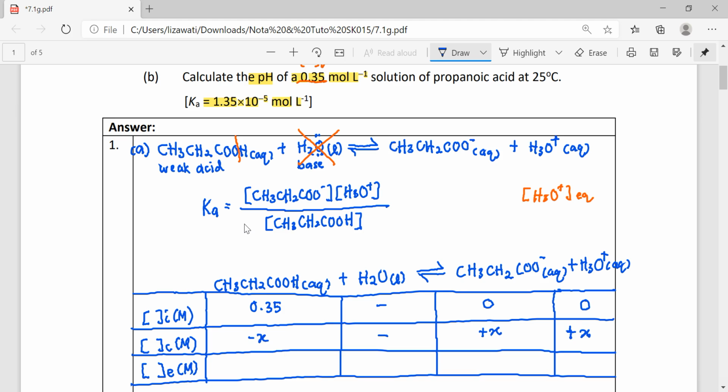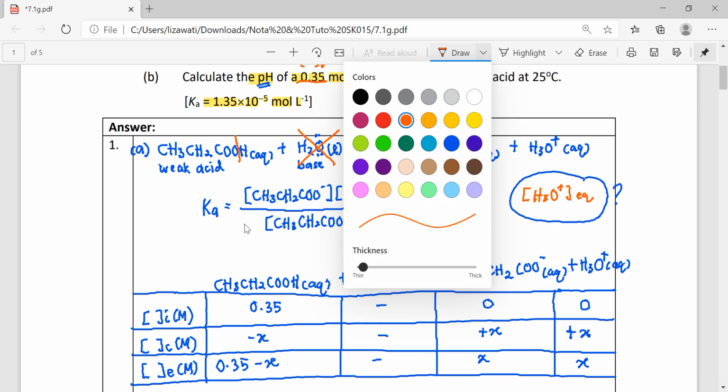Next, at equilibrium. Since this is a weak acid, it will not 100% dissociate. Therefore we get 0.35 minus X, and this is X and this is X. When we want to calculate the pH, we have to find out the concentration of H3O plus at equilibrium, which means the value here.